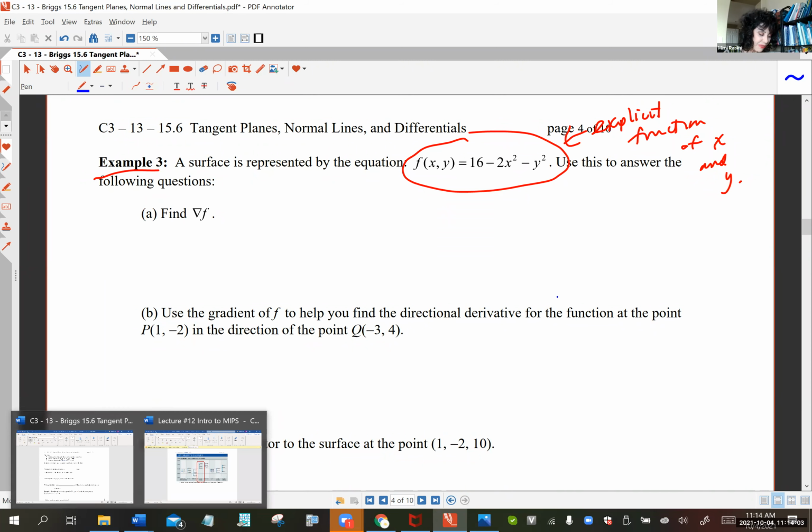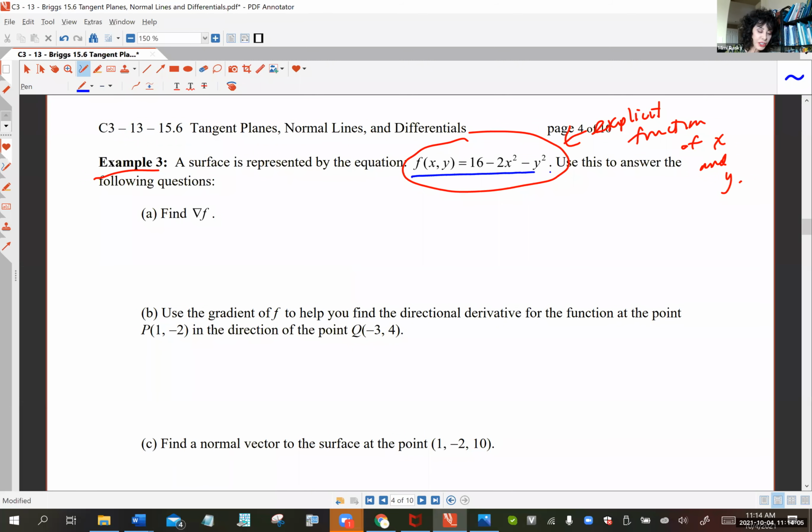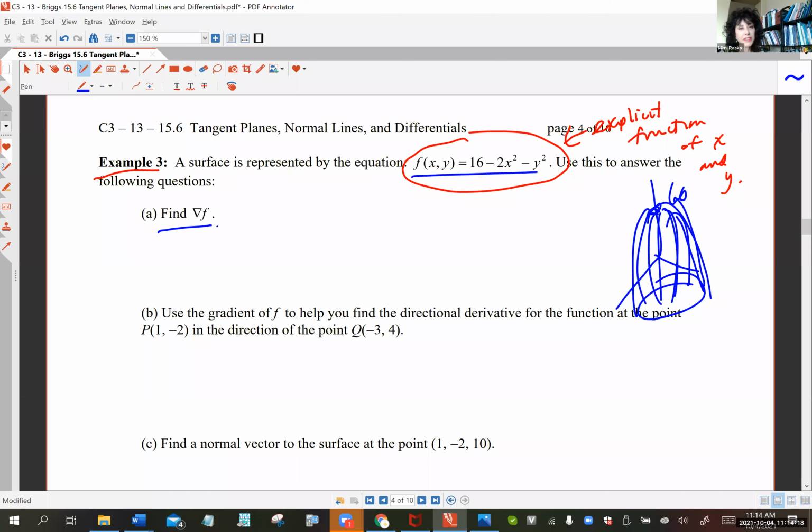So here's a surface, only it's given to you explicitly. And I think when we graphed it, we found it was a paraboloid facing downward. Fine. It's kind of a cool paraboloid. All right. So we're going to find del f. Now be careful because this little del f is the 2D gradient. How do I know?